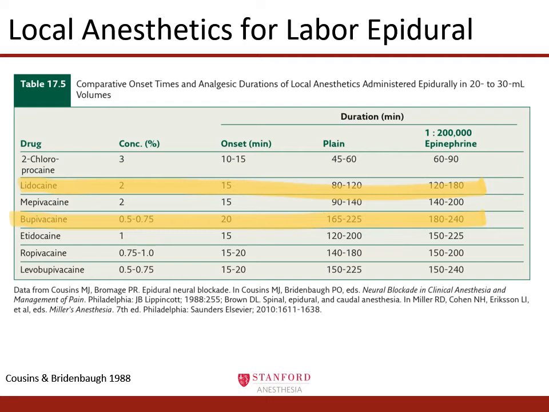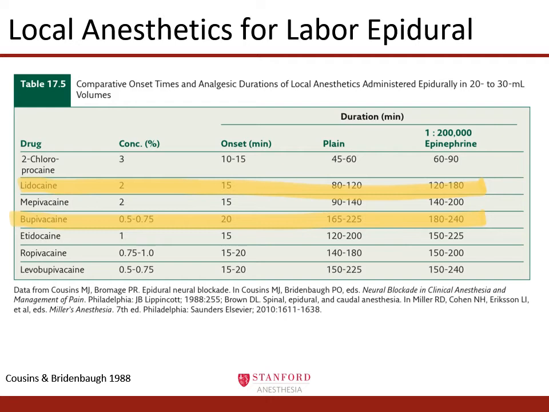Adverse effects of bupivacaine include cardiac and central nervous system toxicity, as well as the chance for a motor block if you're using a higher dose. For surgical anesthesia, as in for cesarean delivery, higher concentrations are used, such as 0.5 and 0.75%.